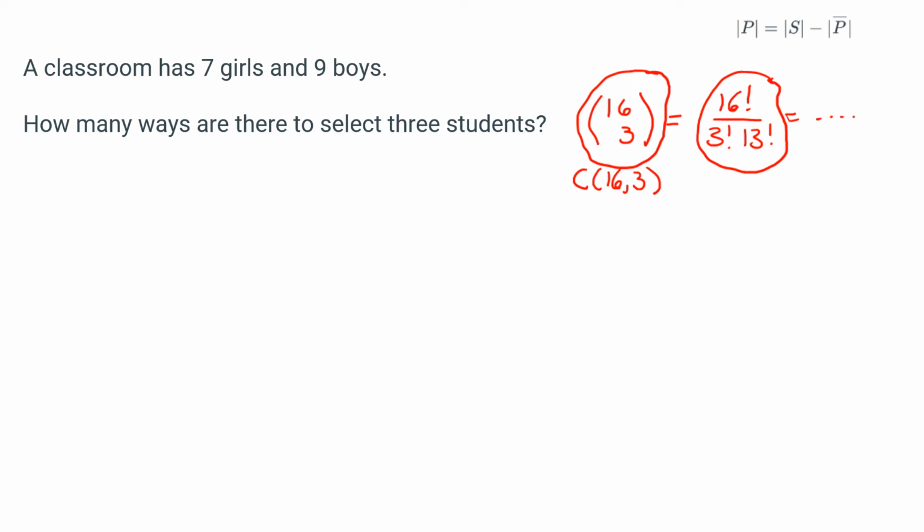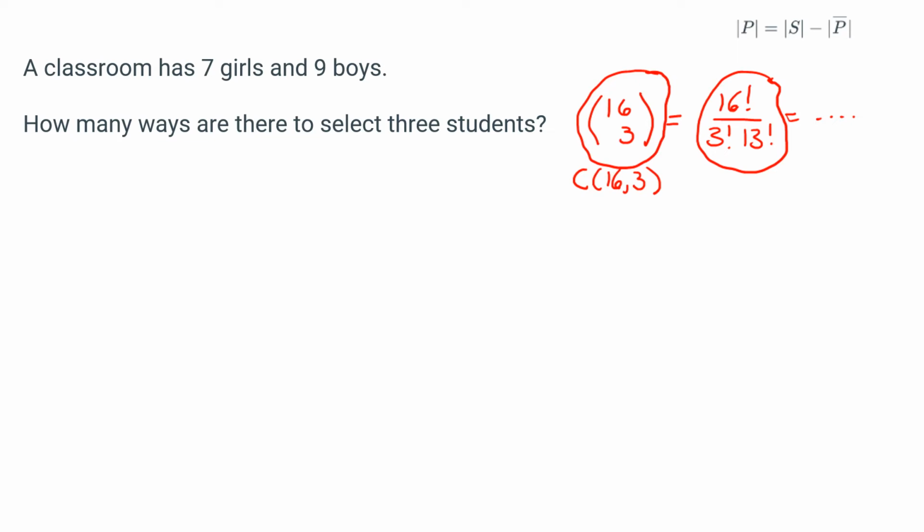Okay, well, what is the formula for that? We know that the formula would be 16 factorial over 3 factorial times, and then what's 16 minus 3? That's 13. So it would be 3 factorial times 13 factorial on the bottom. Now, we might say, well, should we go on and find that number? And we could, and it wouldn't be that hard.